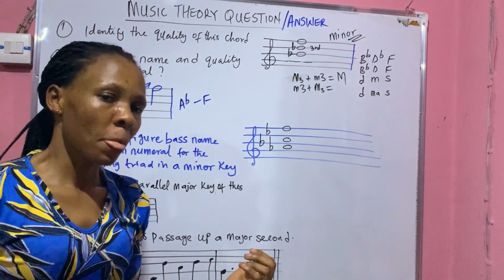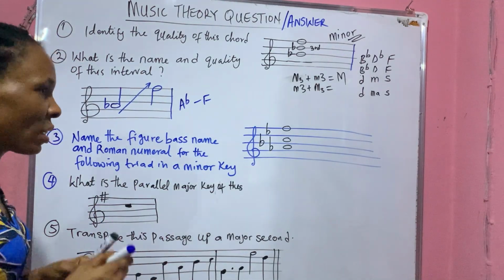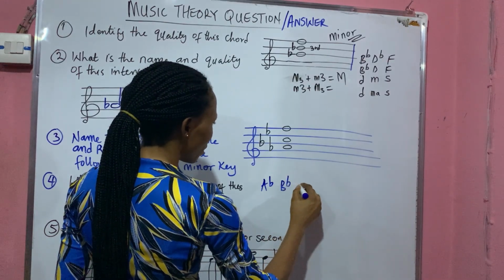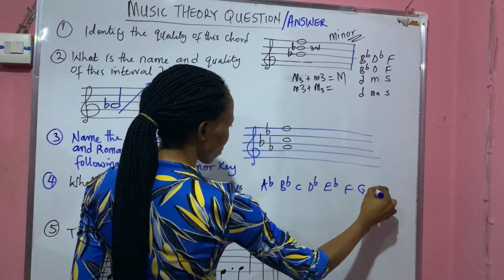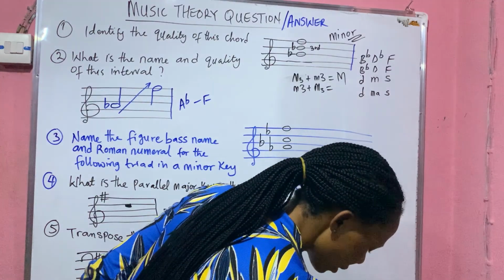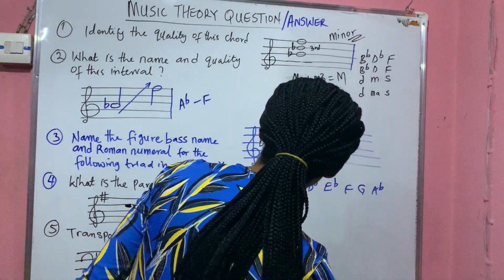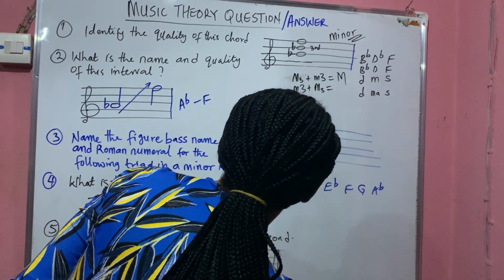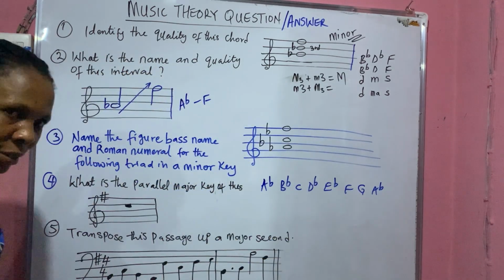I'm giving you a simple trick to get it. In the key of F flat, let's write out the key. F flat consists of A flat, B, C. Now in the key of F flat, do we have F?